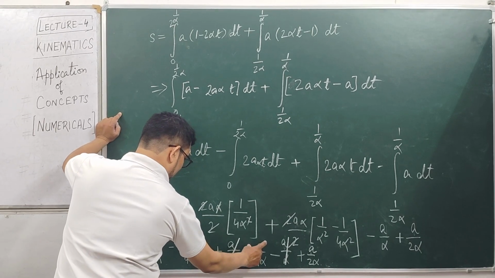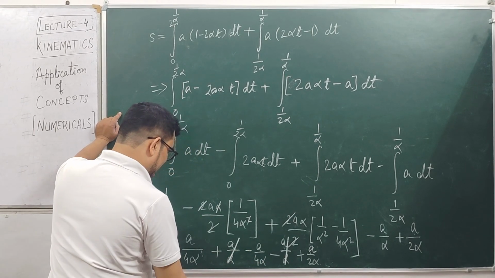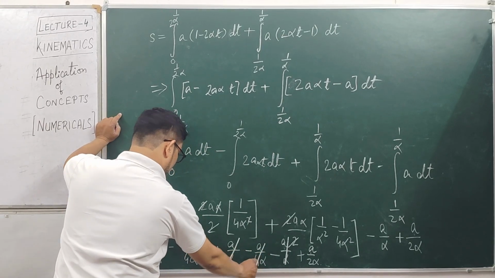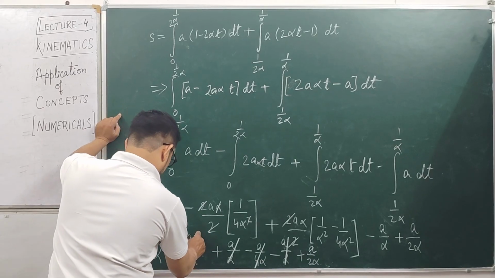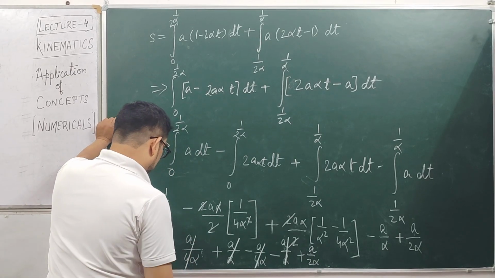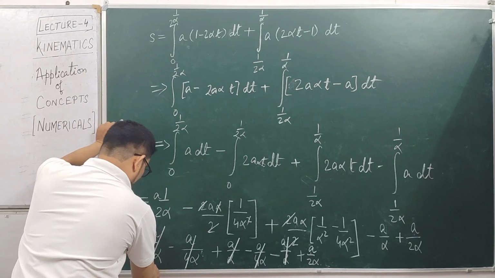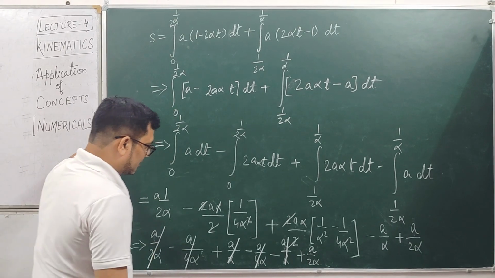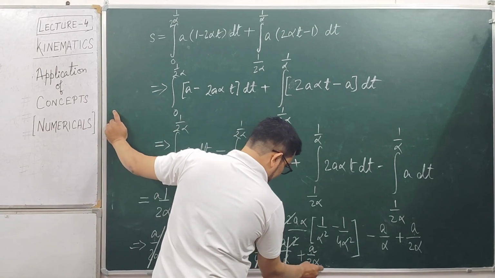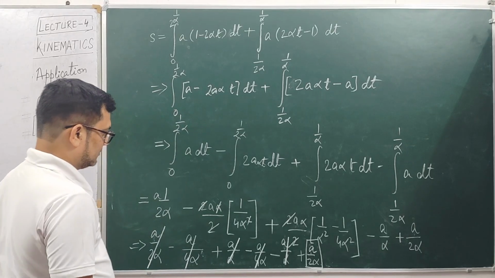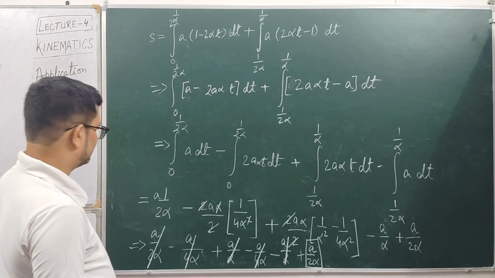It becomes 2a by 4 alpha, which is a by 2 alpha. So one would get cancelled. And this would become minus a by 2 alpha, and this is a by 2 alpha, so this gets cancelled, and we are left with this last one, which is a by 2 alpha. So that is what is becoming S.